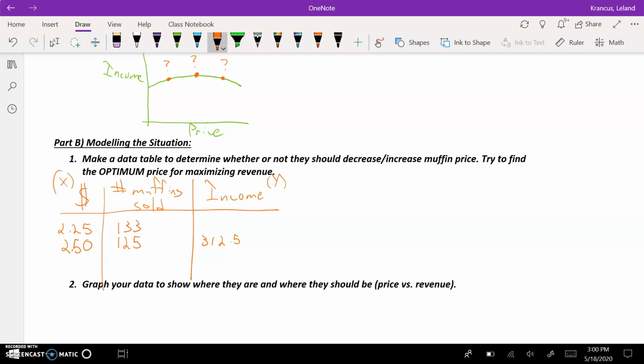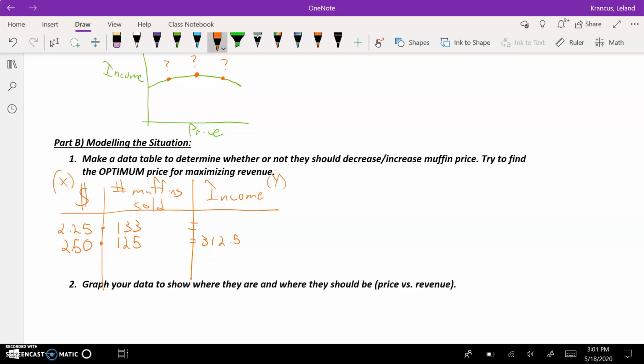And you could multiply the number of muffins by the price per muffin to get their total income. Okay, now if the income goes up when they drop the price, that means they need to drop the price because they'll increase their income more by selling more muffins a little bit cheaper than selling fewer muffins for a little more expensive.